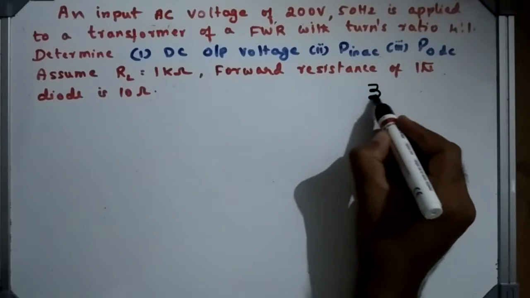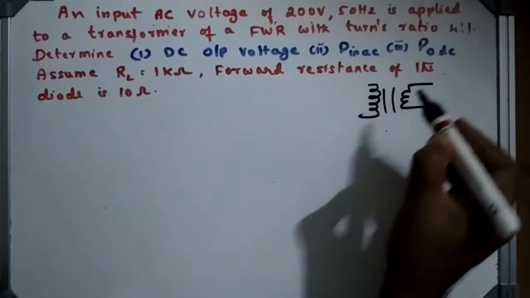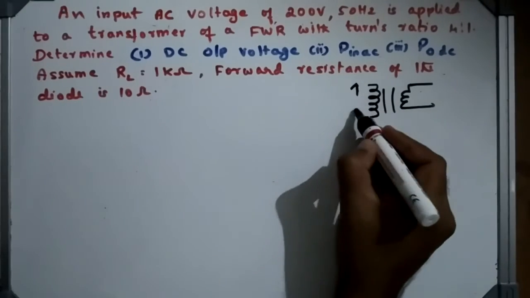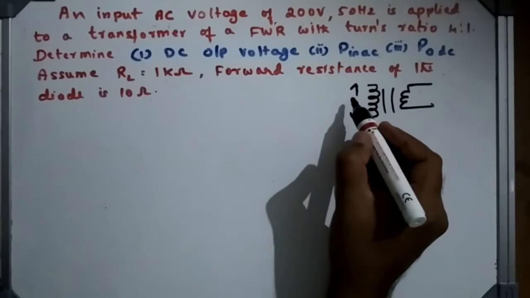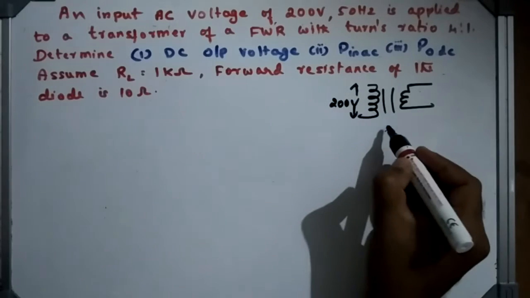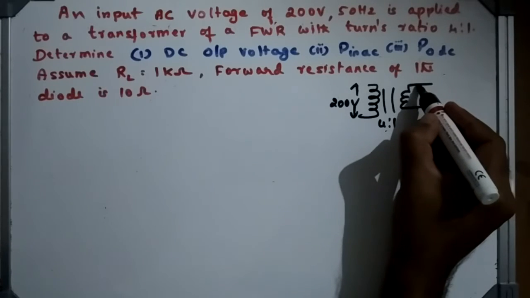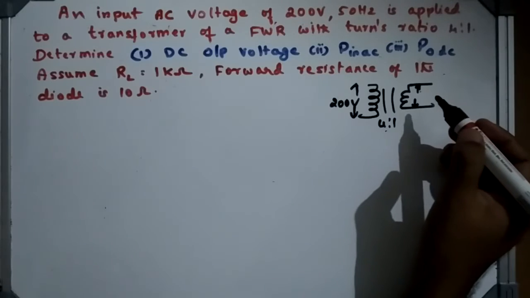See, this is a full wave rectifier here. This voltage is given, input AC is given 200 volt, and the turns ratio is given 4:1. Now this voltage becomes the input voltage to the rectifier.